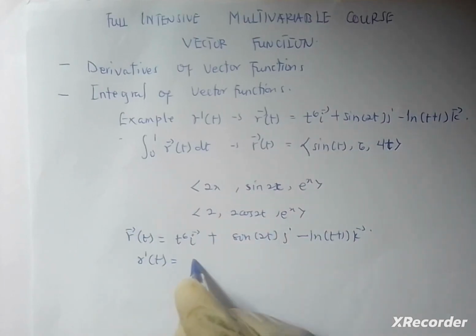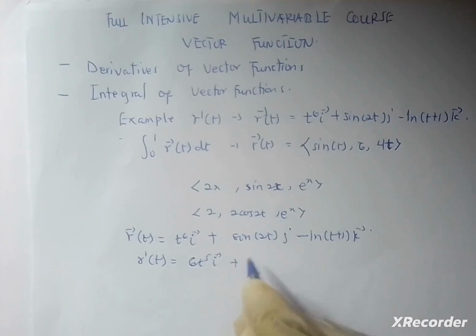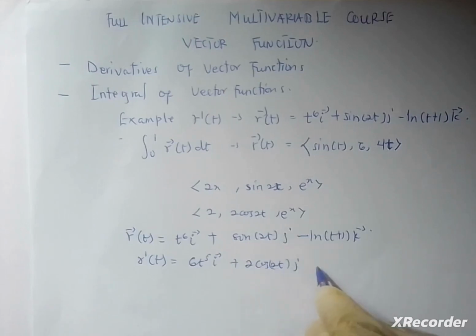I'm going to get 6t to the power 5 i plus 2 cos 2t j. Then here is the ln function. To differentiate a ln, you differentiate its argument over its argument. Therefore, I'm going to get 1, so minus 1 over t plus 1 k. And this gives me my derivative.